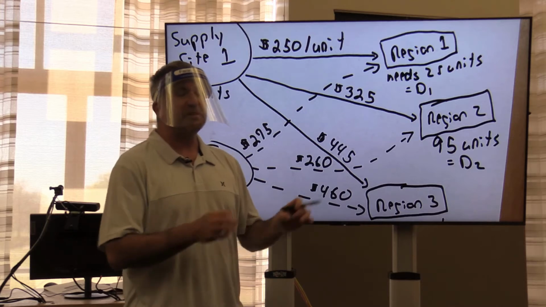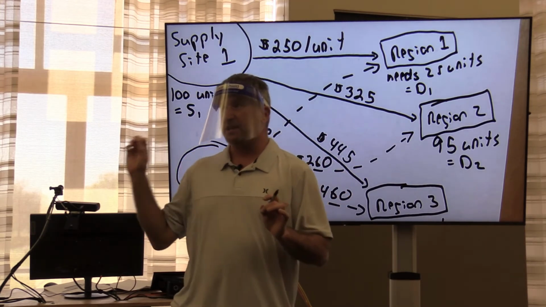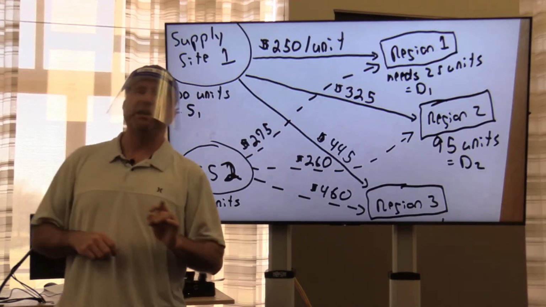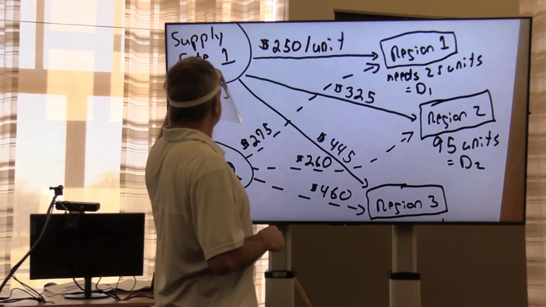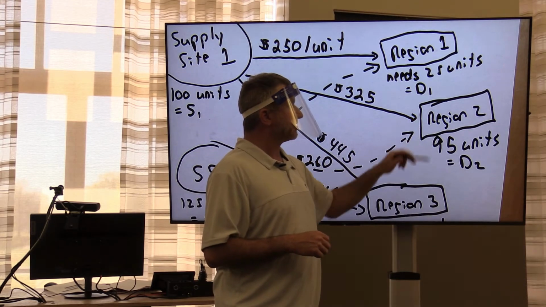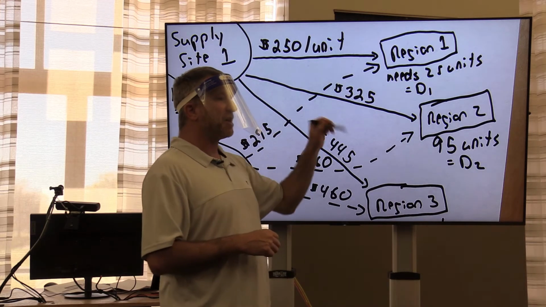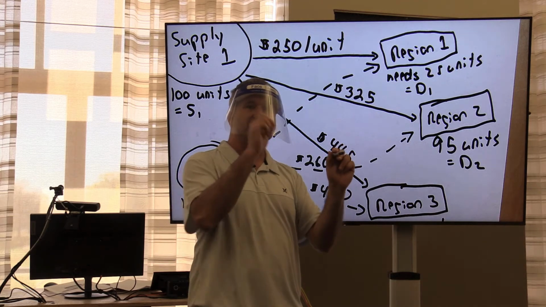Here, it's going to be like CIJ, where I is the supply site and J is the region. But maybe instead of IJ, maybe we should use CSR. So the cost of going CSR from supply site S to region R.